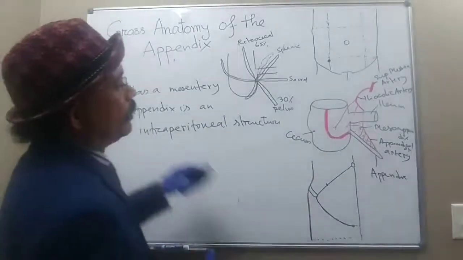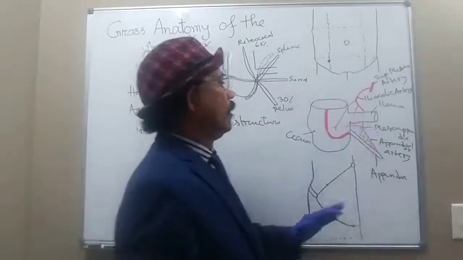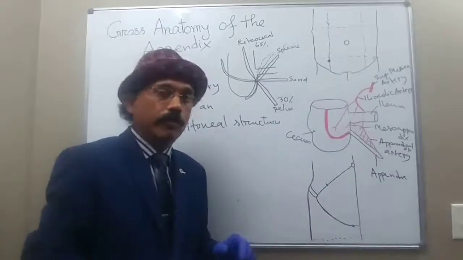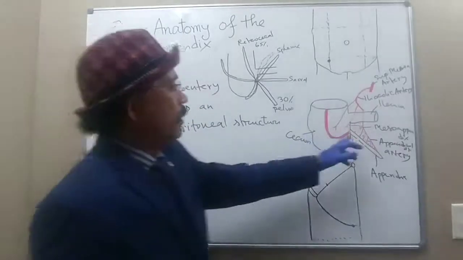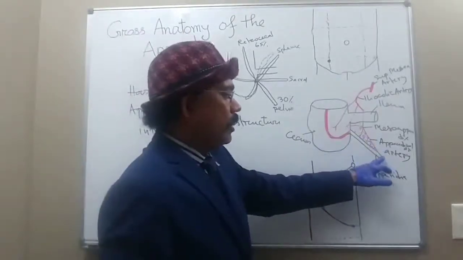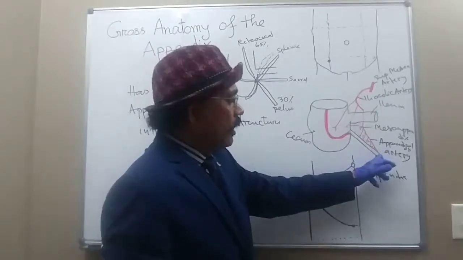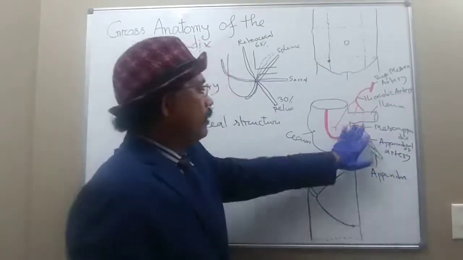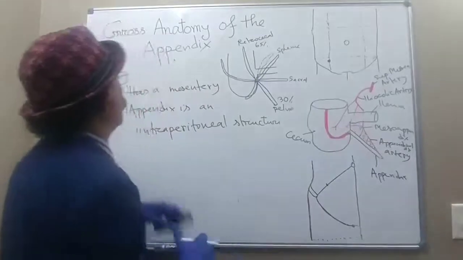The mesentery also contains some lymph nodes. Usually the tip receives less blood supply, and this part gets more.